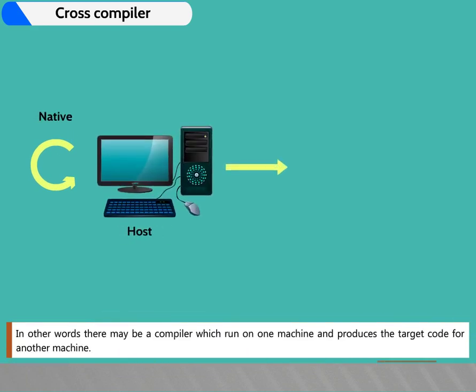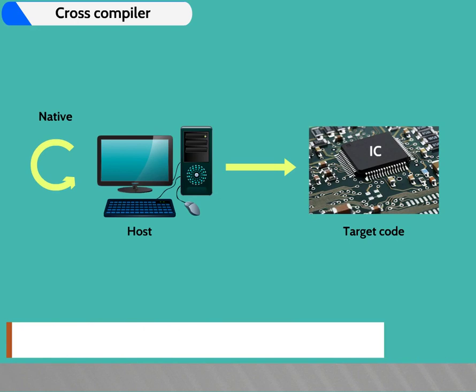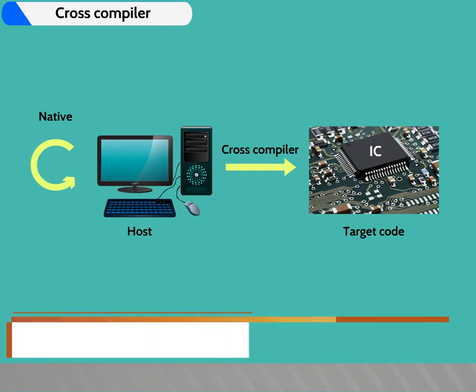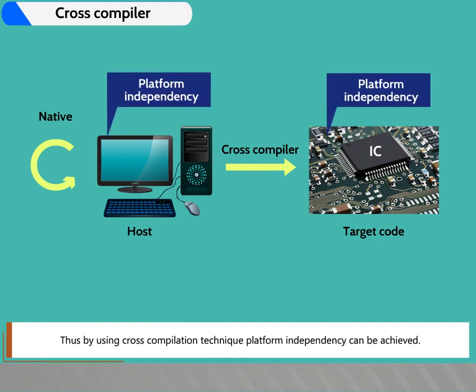In other words, there may be a compiler which runs on one machine and produces the target code for another machine. Such a compiler is called a cross-compiler. Thus, by using the cross-compilation technique, platform independence can be achieved.